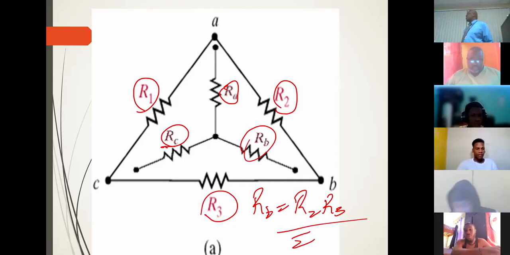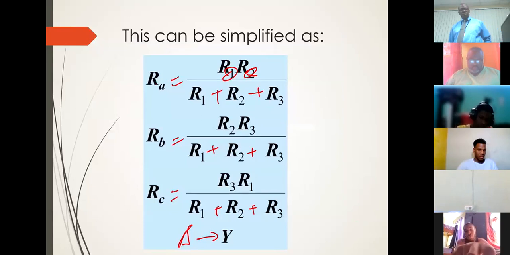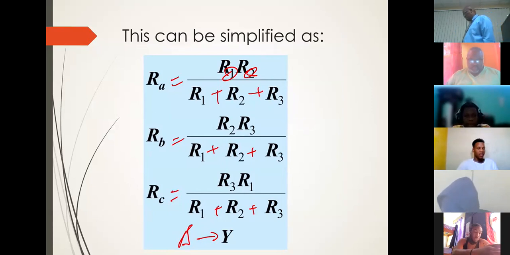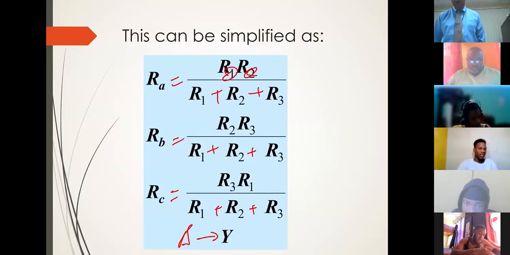Yes, sir. Can you repeat what you just said, please? I'm just repeating the formula. Here it is. That's all I said. Sir, you said the sum, so you mean the sum of R1 plus R2? R1 plus R2 plus R3. The sum of all three. I'm asking because B was in the other circuit diagram, sir.